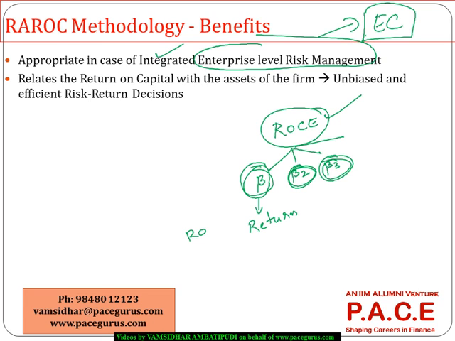So all the risk associated with the capital is mapped with the returns, which will help me in taking unbiased and efficient allocation and risk return decisions accordingly. That is one of the key benefits that comes out with this RAROC kind of an approach.